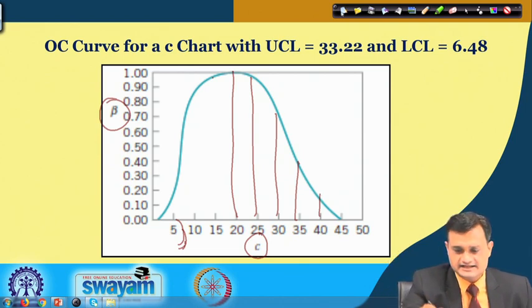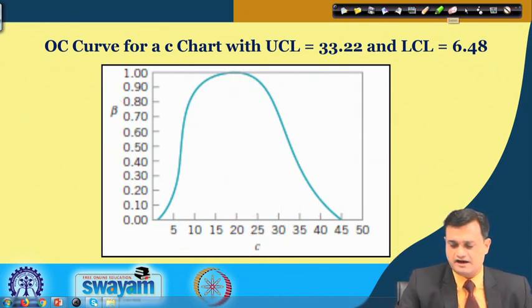So, basically it tells me about the discriminatory power of my OC curve, and this is for UCL 33.22 and LCL 6.48.